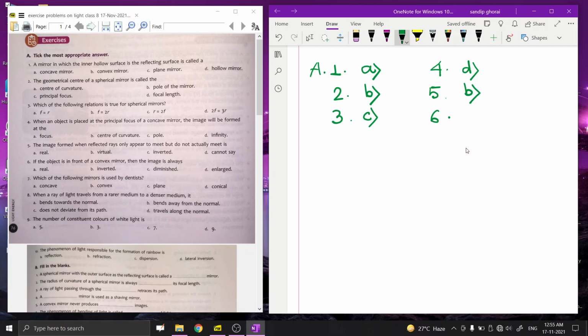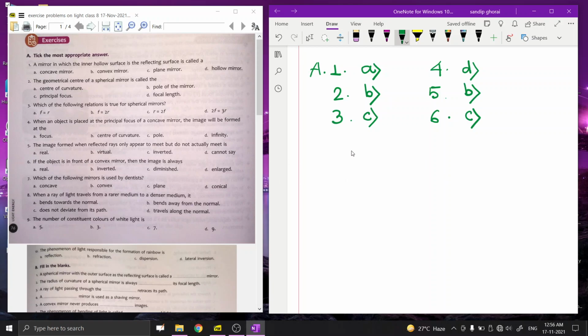We get option C, diminished image, because if the object is placed in front of a convex mirror then the image is virtual, so real is not correct. For a real image we get an inverted image, so inverted is not correct. And in general for a convex mirror the image is always diminished.